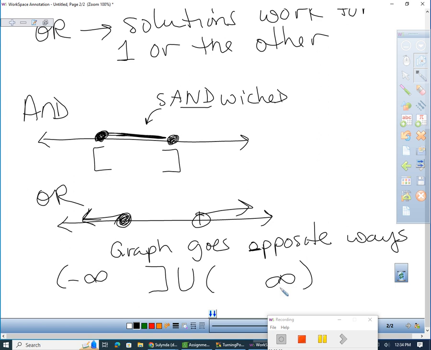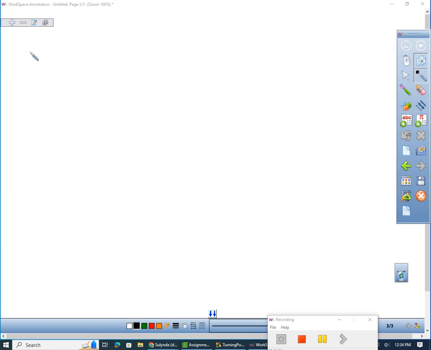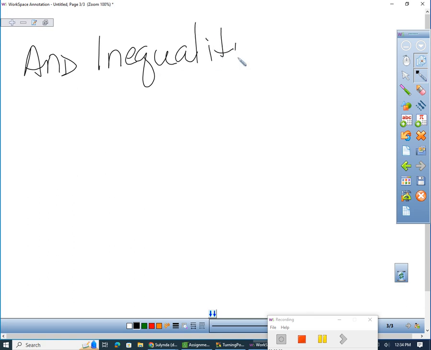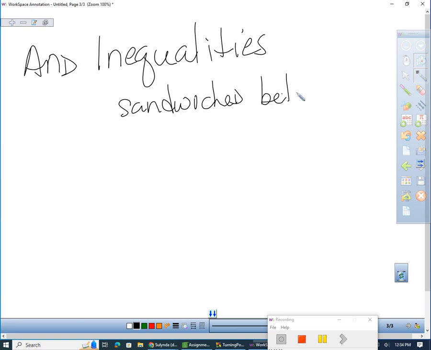Okay? So let's start with an and problem. So let's talk about and. And inequalities can be written 2 different ways. They can either be written sandwiched between 2 inequality signs, and those inequality signs always go the same direction.